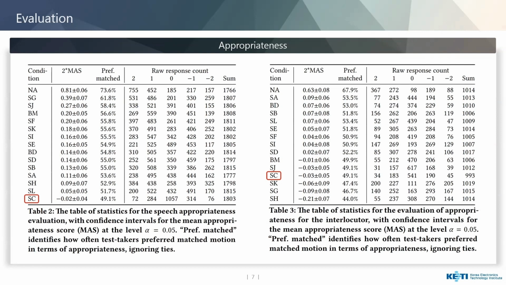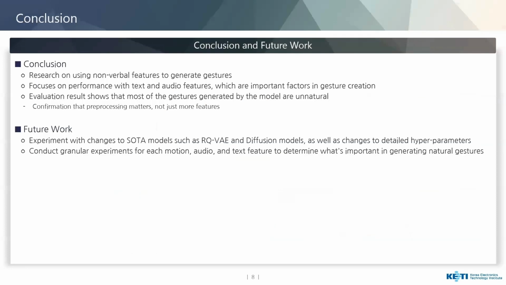These results highlight the need to consider interlocutor information to generate appropriate gestures in human interaction situations. From our previous evaluations and analysis, we found that gesture generation based on input features requires preprocessing to match each feature. While we observed mainly unnatural gestures, we have identified potential research directions to improve them.